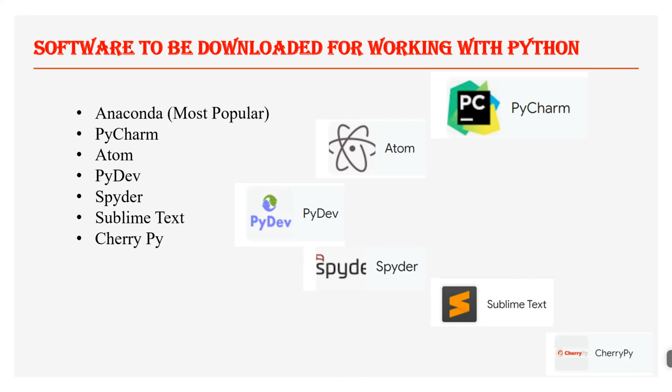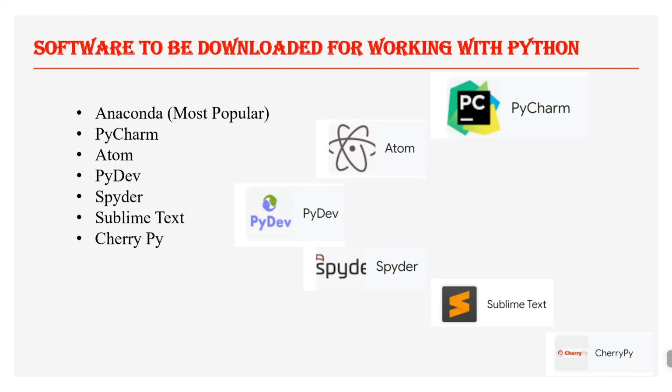In addition to that, platform independent IDEs for writing Python programs include PyCharm, Atom, PyDeveloper, Spyder, Sublime Text, CherryPy. There are a few more: Vim, Visual Studio, etc. There are many.